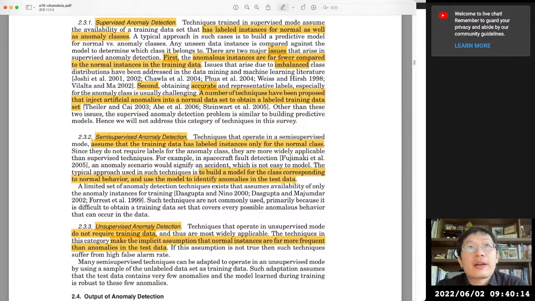First is called supervised anomaly detection. It is related to the classification algorithms we told you about before. It has labeled instances for normal as well as anomaly classes.